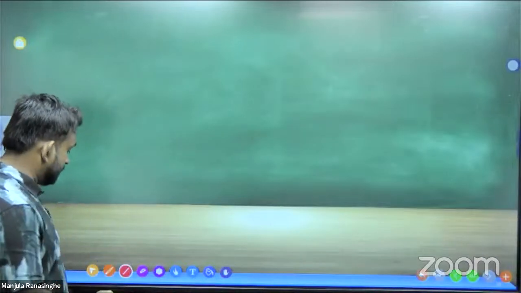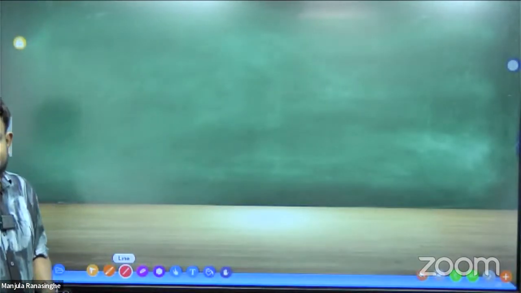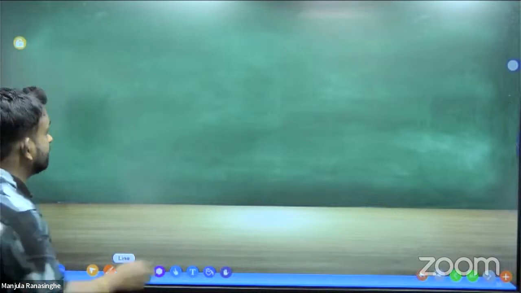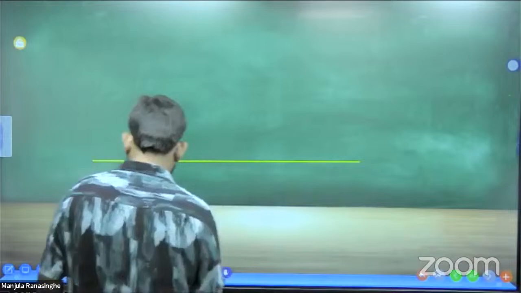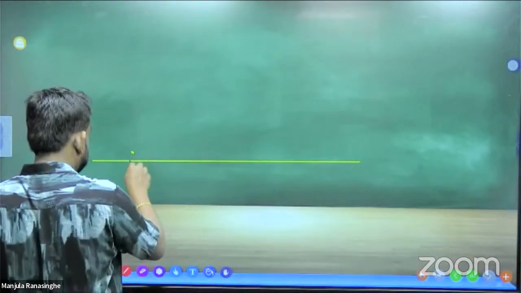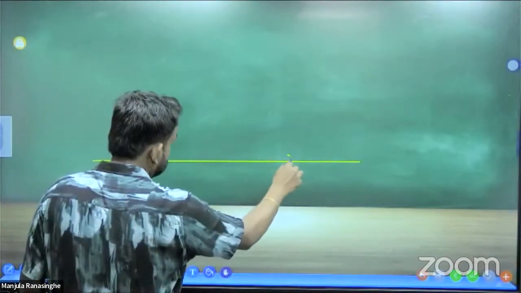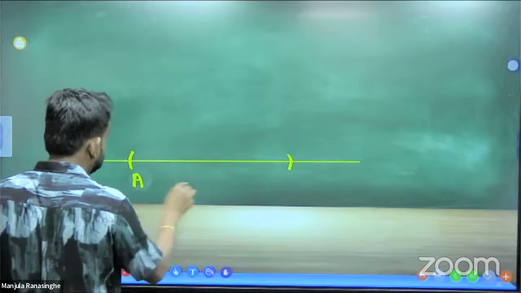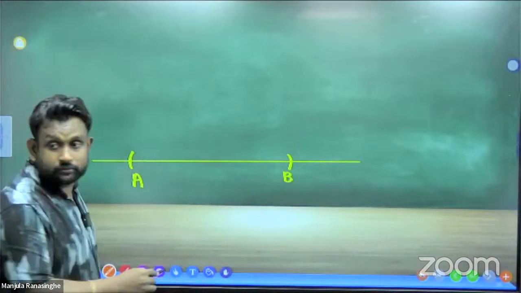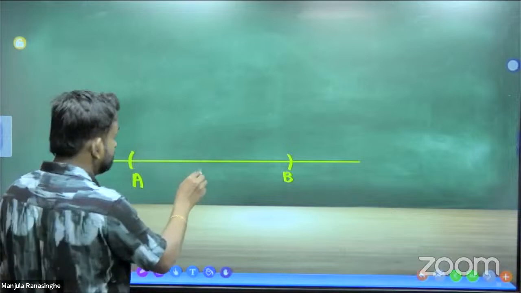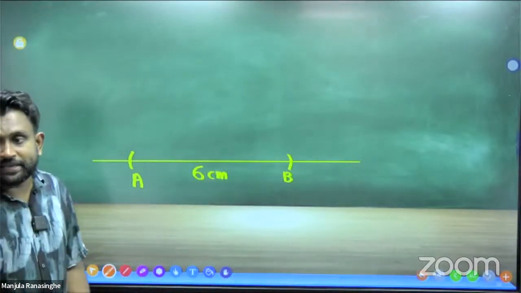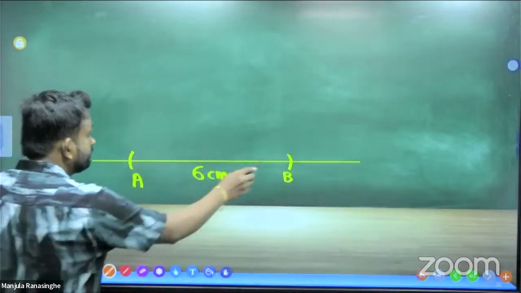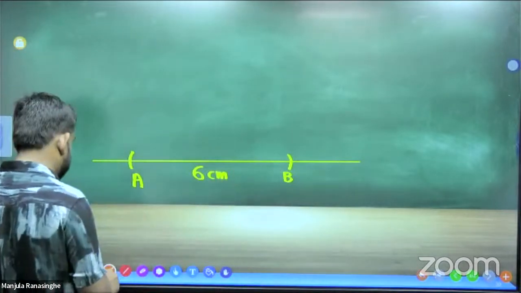Now I draw this one for you. Construct the triangle ABC such that AB is 6 centimeters. So I make a line, and mark AB using a compass, 6 centimeters. Then angle BAC as 60 degrees.